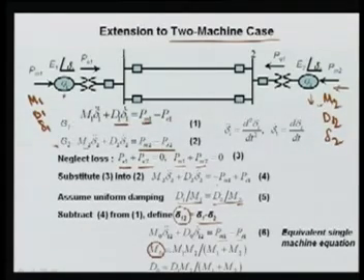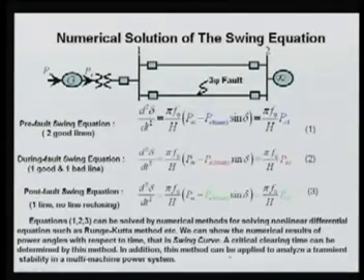So M0 will be equal to M1 into M2 divided by M1 plus M2. Similarly D0 will be D1 into M2 divided by M1 plus M2. So this is your equivalent system, and we can again apply our equal area criteria.